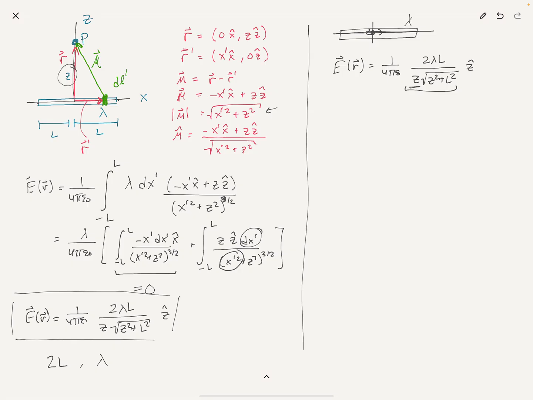Okay, so that's not the limit that we can test right now, but we can test another limit that's much easier. All right, let's imagine I zoom very far away. My point in space is so high that my little rod of charge looks tiny.